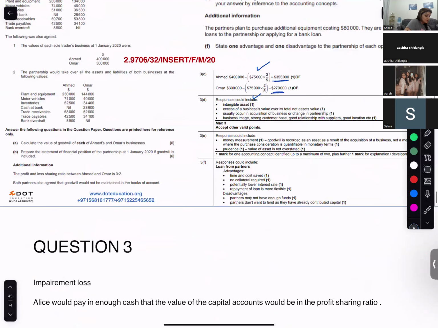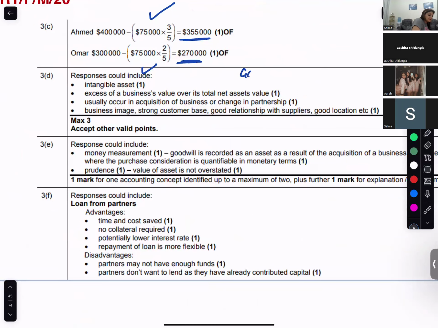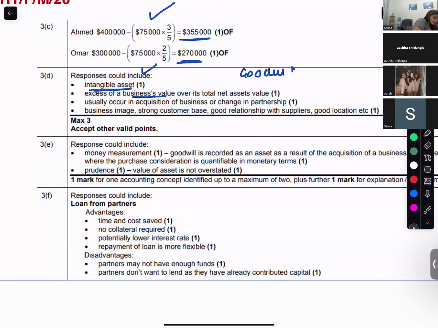I will give you this; you need to memorize it. What do you mean by the term goodwill? First, it is an intangible asset. It is the excess value of the business over its net assets taken over. It is the excess of the business value over its NATO.